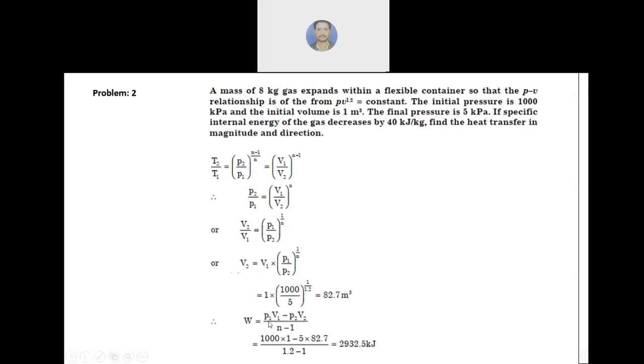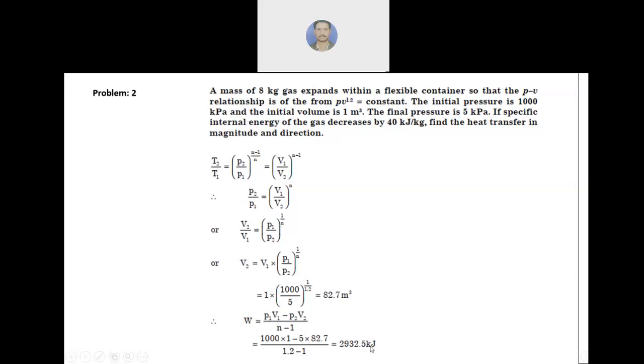Now P1 is 1000, V1 is 1, P2 is 5, V2 you just calculated as 82.7, and n given in the question is 1.2. Write down the values and you will get the work done. Why kilo?